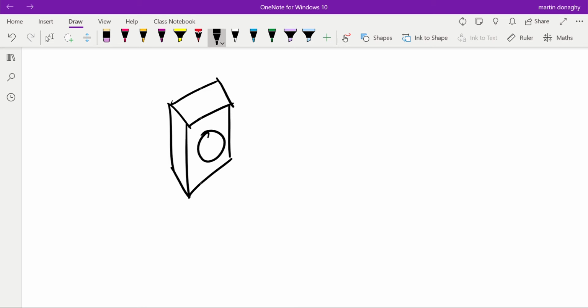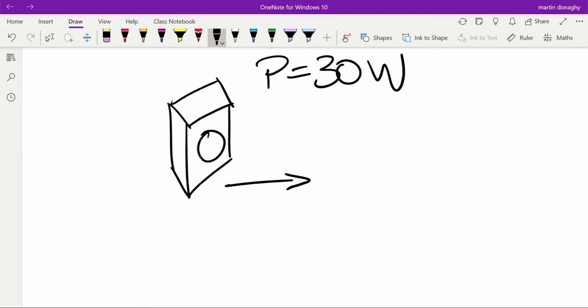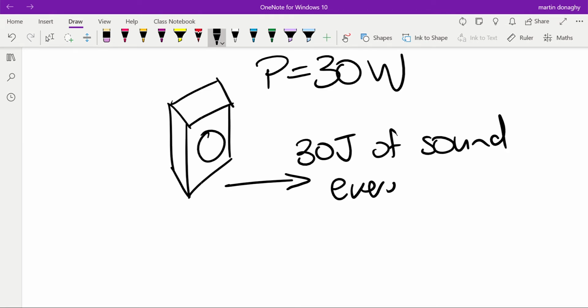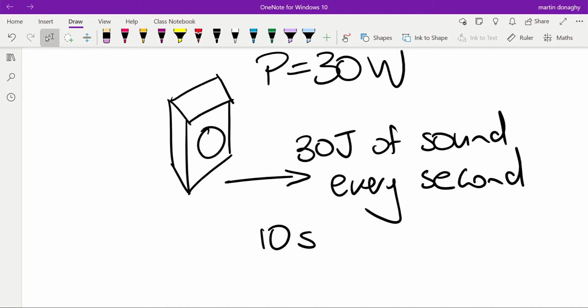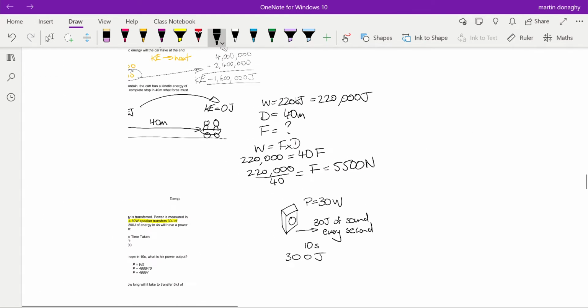So if I have a little speaker and it tells me that the power is 30 watts, if it's 100% efficient, what that means is that it will produce 30 joules of sound every second. Okay, which means if I was to leave this on for say 10 seconds, well, if it's producing 30 joules of sound every second, that would mean the total sound energy produced would be 300 joules.